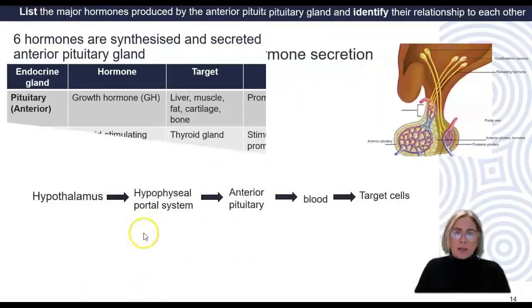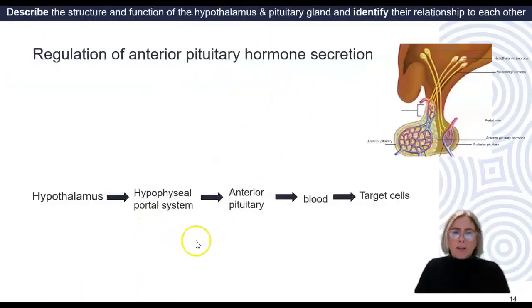So just looking at a summary then of the regulation of anterior pituitary hormone secretion. The hypothalamus secretes those releasing hormones or inhibiting hormones into the hypophyseal portal system, where they travel to the anterior pituitary gland, and in response to the releasing hormones, the anterior pituitary cells release other hormones that then enter the blood, and they then travel to their target cells.